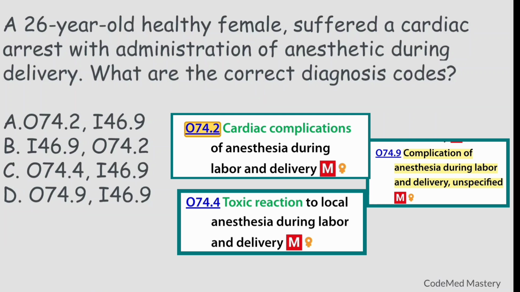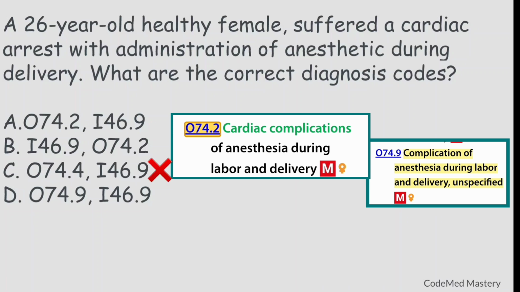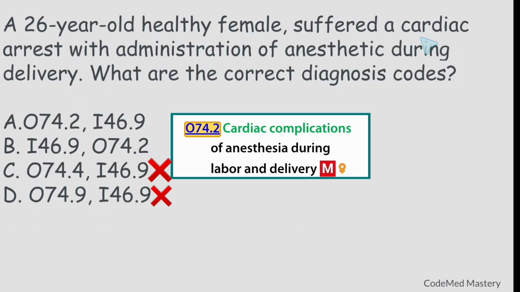O74.4 toxic reaction to local anesthesia during labor and delivery will be wrong. So eliminate option C, and option D O74.9, that is for complication of anesthesia during labor and delivery unspecified. So that will be wrong, because here they have mentioned cardiac arrest with administration of anesthesia, and there is a code O74.2 for cardiac complications of anesthesia during labor and delivery.